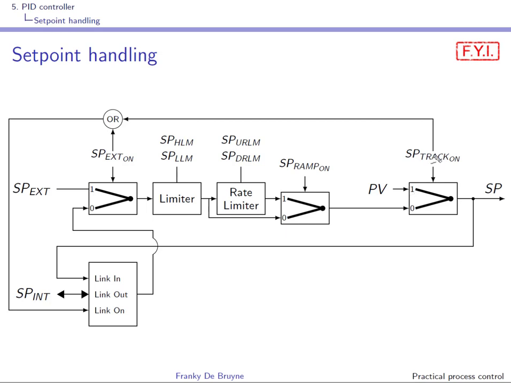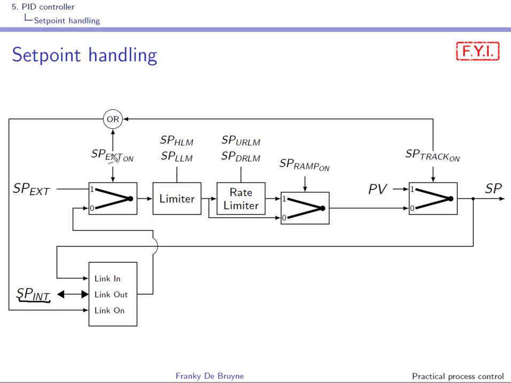This is sometimes used to implement some forms of manual mode. If this one goes to 1, set point follows PV, so the control error is 0, and you cannot have integral wind up. In any case, if you're in external mode, or if SP is tracking PV, you have to make sure that the internal set point is following the active set point.